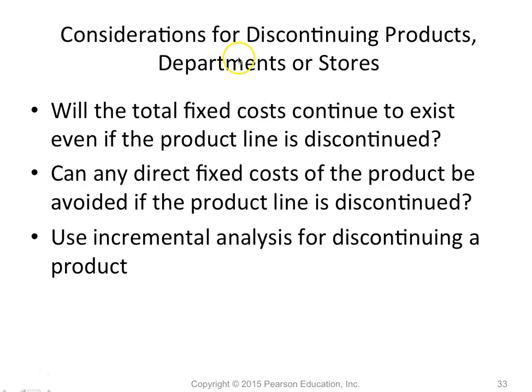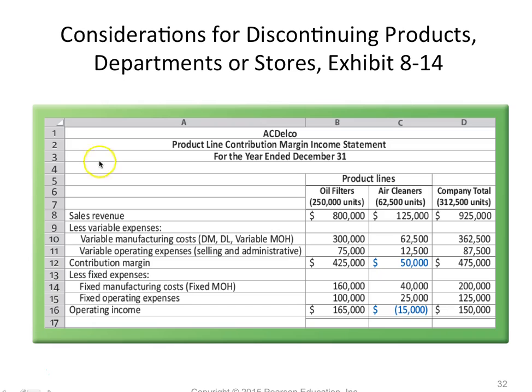So, considerations for discontinuing: will the total fixed cost continue to exist even if the product line is discontinued? Here, these are the fixed manufacturing costs. If we discontinue this one, of course those manufacturing costs will not be there anymore, but not necessarily if the line is also used for other products, even though they are not making a profit.